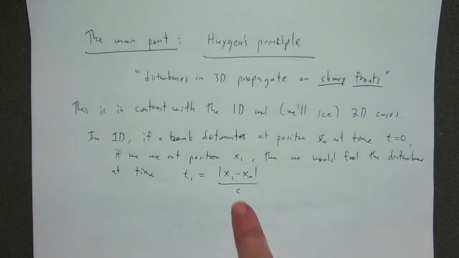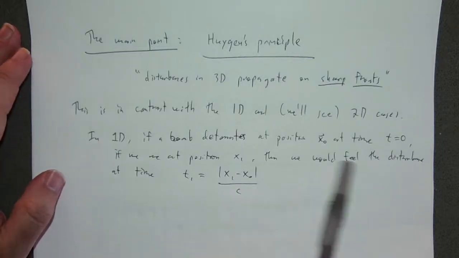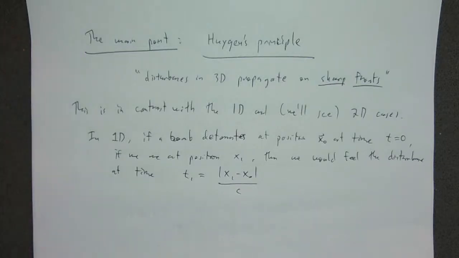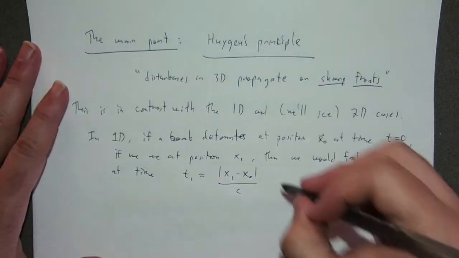But remember in the 1D case, those pictures of the domain of dependence and influence, right? What happens once I feel this disturbance? Well, it turns out that I would continue to hear it, right? I would continue to feel it at all future times past this time.